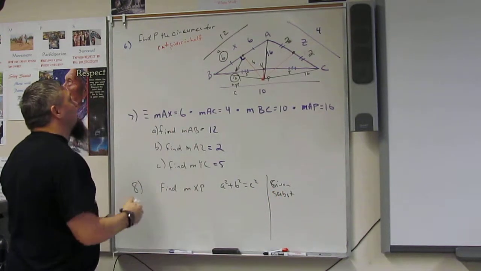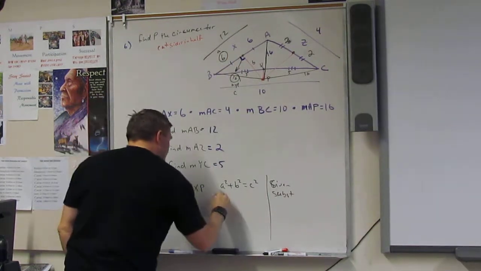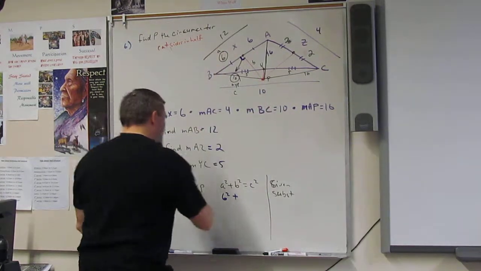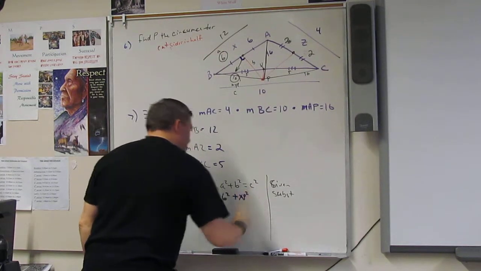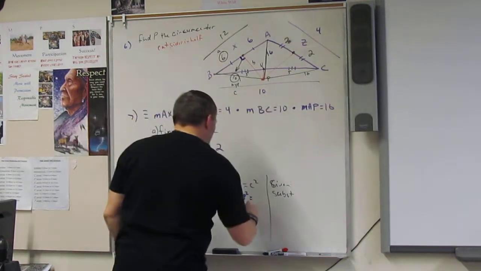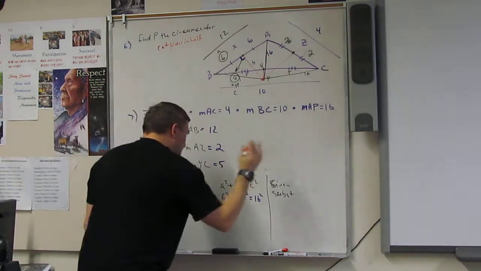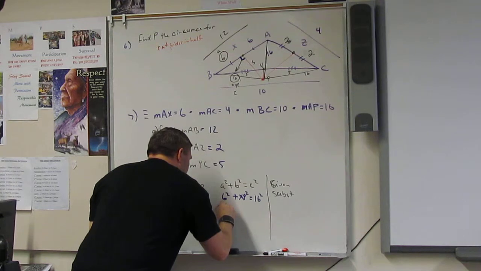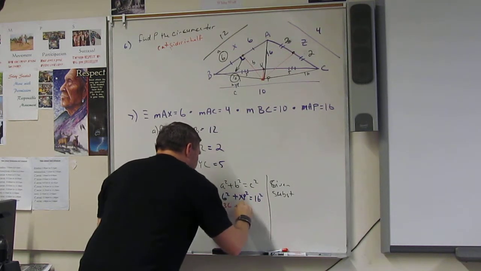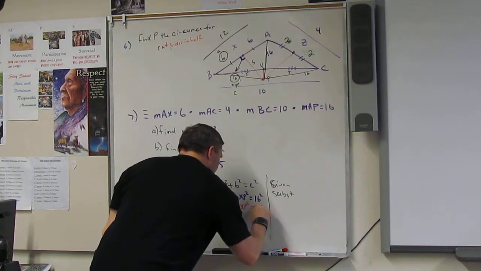And I plug in A squared, looks like 6 squared, plus B, looks like XP squared, equals C squared, which is 16 squared. Okay? And then, so this would be 36 plus XP squared equals 16 squared is 256.